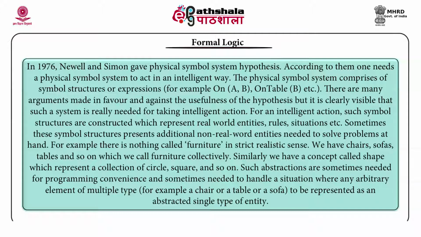Whenever we would like to define a problem, like on A B and on table B, or earlier in the missionary cannibal problem where we had M1 C1 M2 C2, those things are called symbols, and the structure that we construct out of it is called a symbol structure.